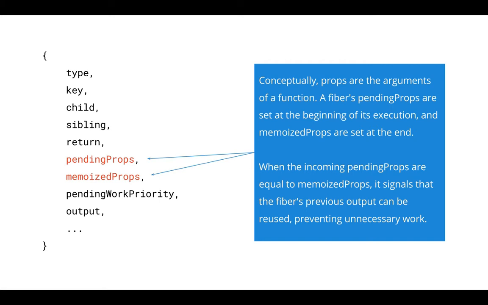And those arguments, pending props, are being calculated and cached when the function first executes, and memoized props when it ends. So if at a certain point you want to re-execute the function again, and the arguments or some of the calculation hasn't changed, you're able to reuse that without applying the algorithm anymore. You just use some old cached versions of the same computations. This gives you an extra speed increase.